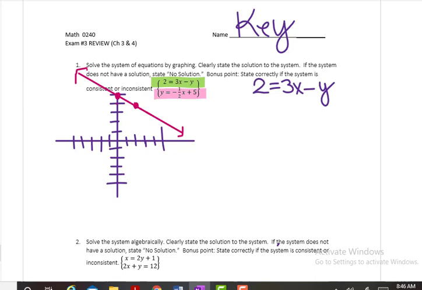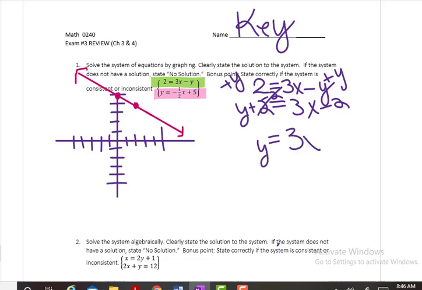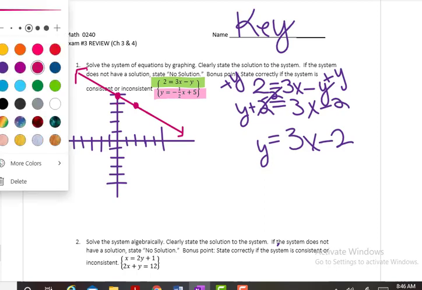But if I add y to both sides, and then subtract 2 from both sides, I am solving for y. Okay, y is equal to 3x minus 2, and that's the equation I use to graph.